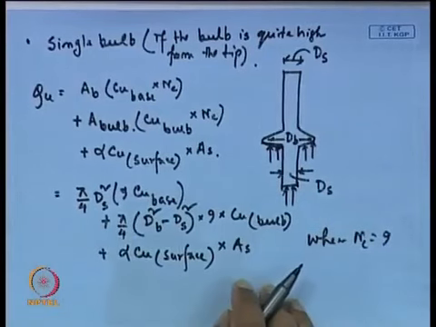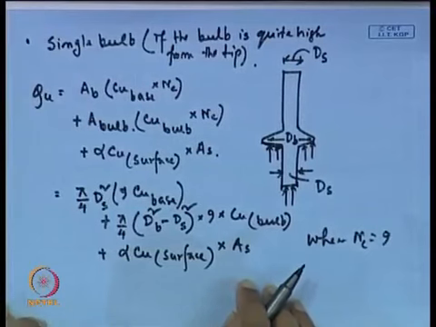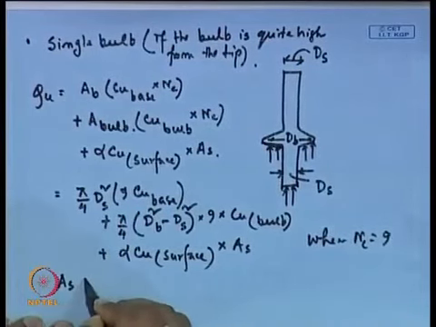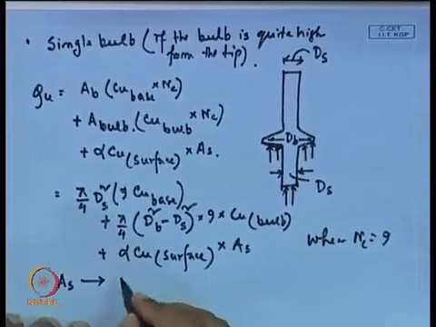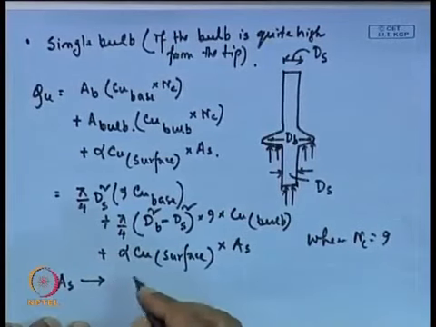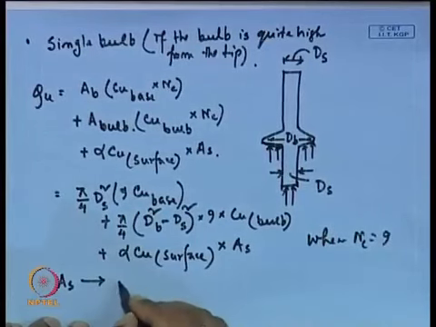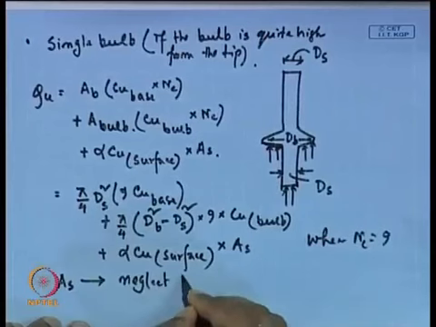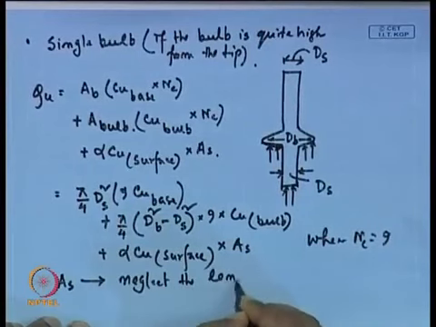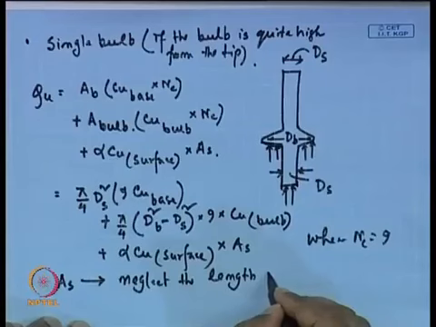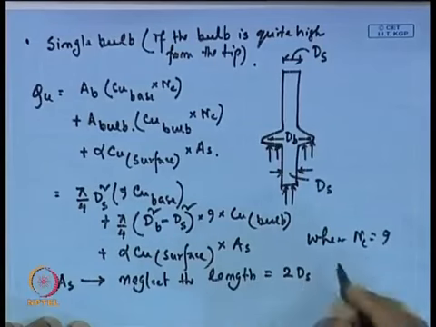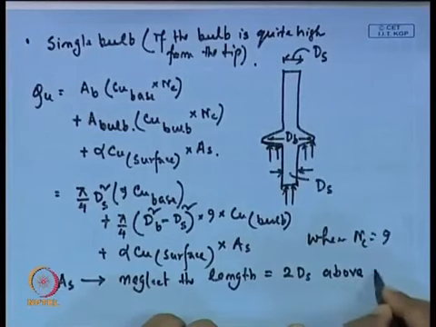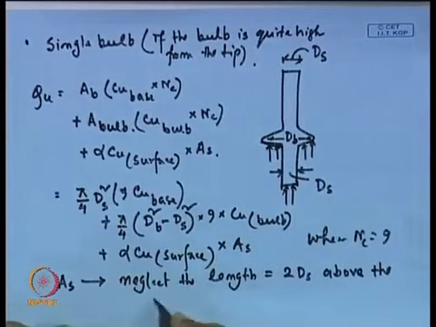Now, as the pile settles, generally during the calculation of As, it is recommended to neglect the length of the shaft equal to 2 ds above the bulb.